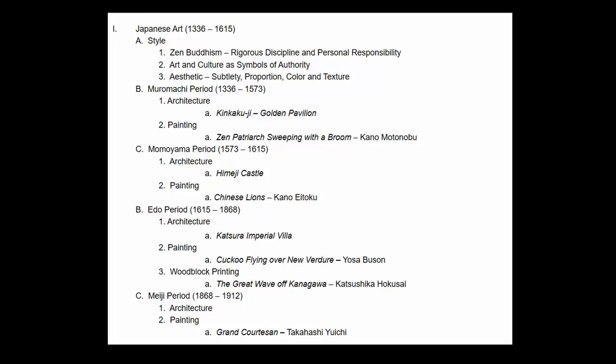Japanese culture through these four periods cycled from a more isolationist approach to a more open approach to outside influence, both from regional influences like China and Korea to Western influences like Europe and then ultimately the Americas.